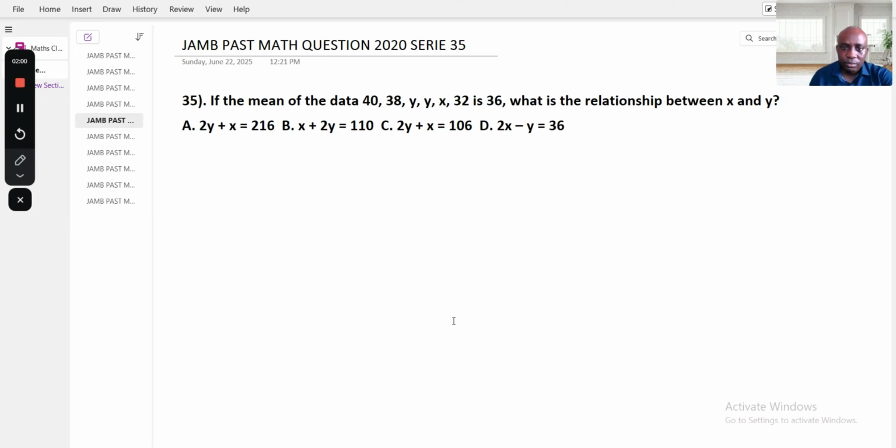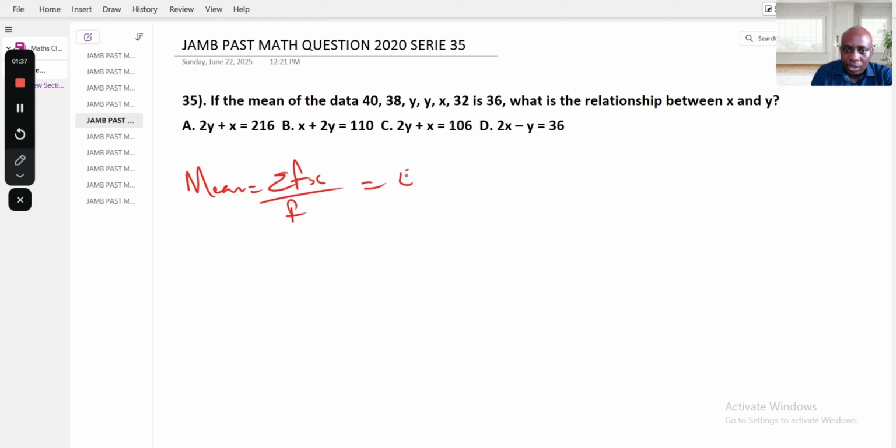If the mean of 40, 38, y, y, x, 32 is 36, what is the formula for the mean? It is the summation of the fx divided by the frequency, isn't it? Therefore, what is the total summation? We have to add it up.